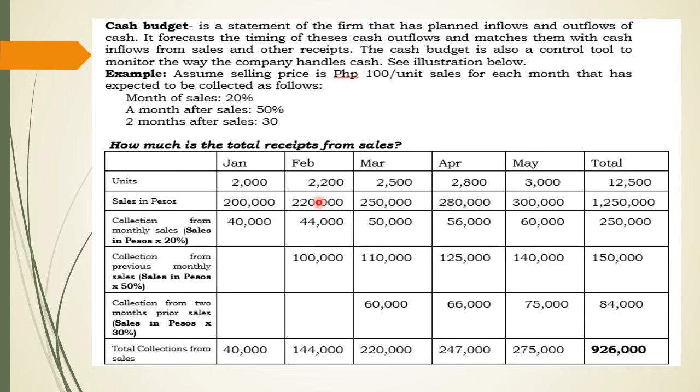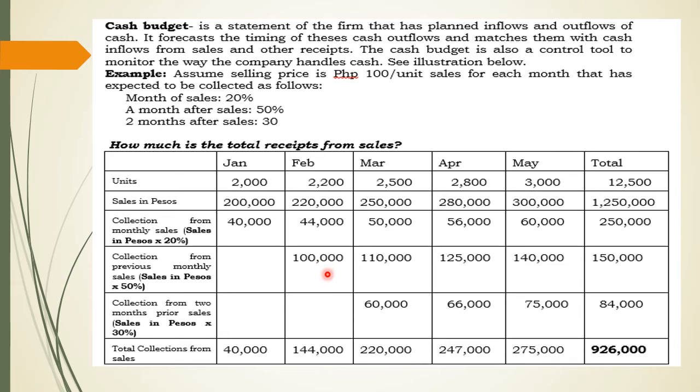So 20% of month of collection, you compute 220,000 times 20%, you will receive 44,000 sa month, ani nga month, di ba? February. Makuha nimo is 44,000.